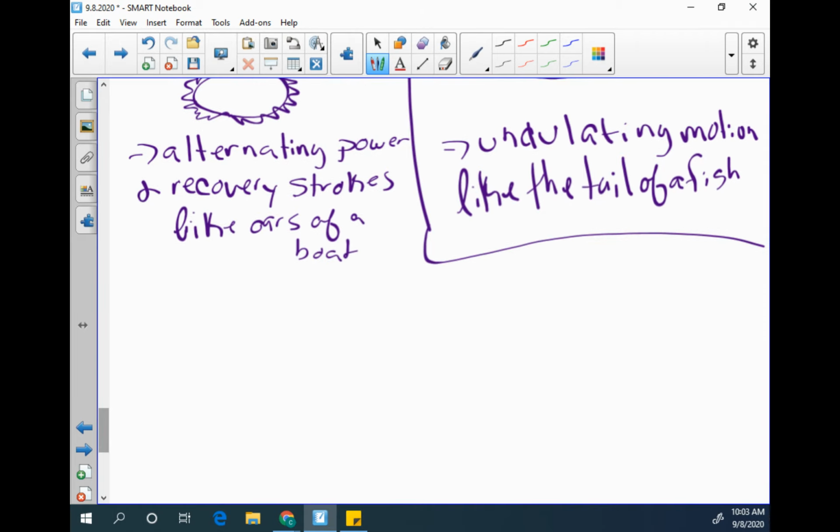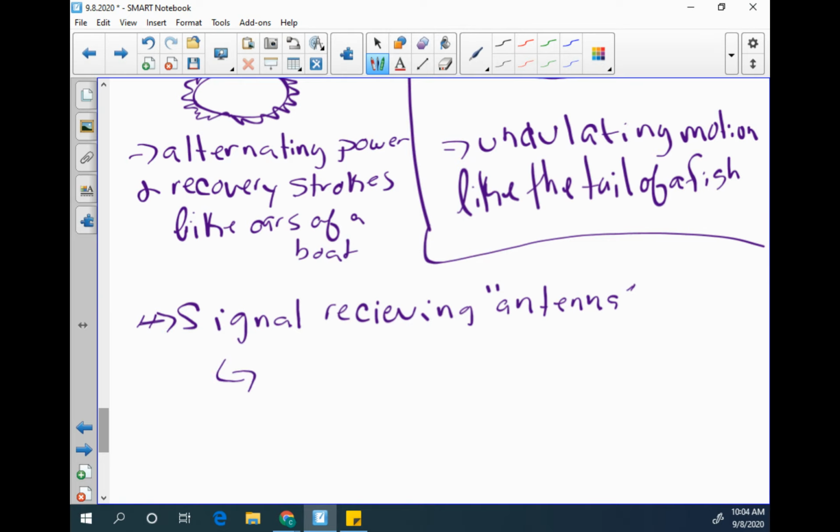One more thing about cilia. Cilia have another function, and they can essentially act like an antenna. So, a signal receiving antenna. The antennae are non-motile, which means they don't row.